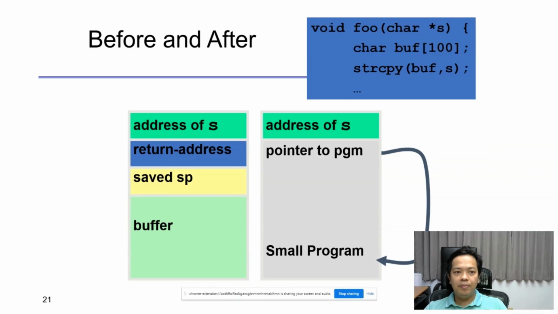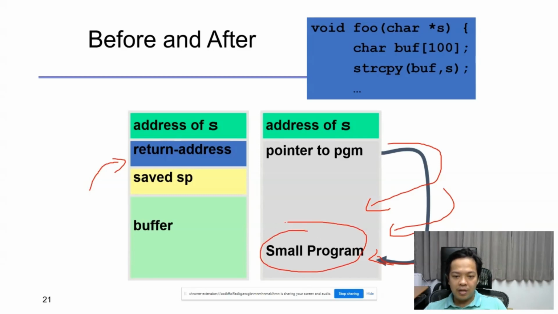Here is the buffer before and after. Before, the address is normal, the buffer is not full, so the return address is normal. But after buffer overflow, the pointer will go to a random place, maybe some here and some here, and maybe the hacker can predict where the return address points, so they can insert some program in the memory and activate this program.